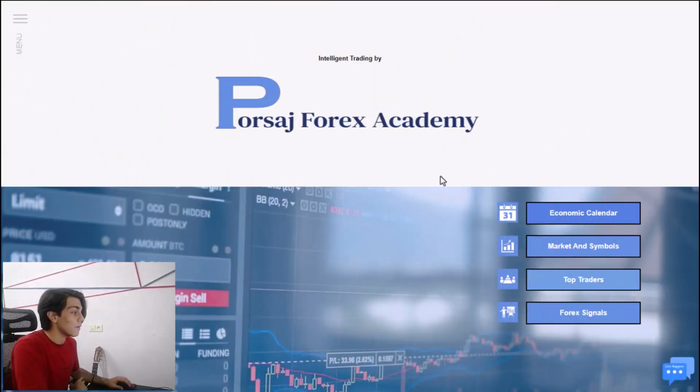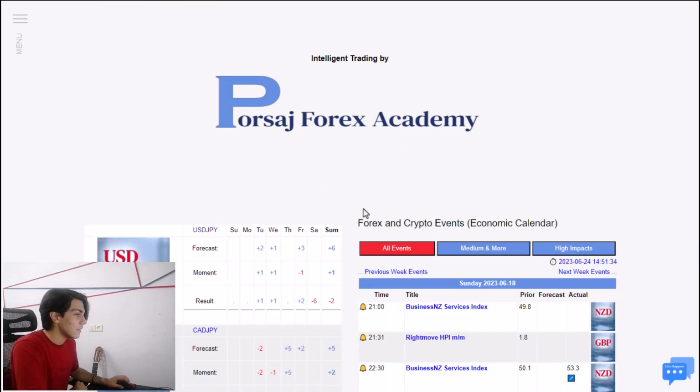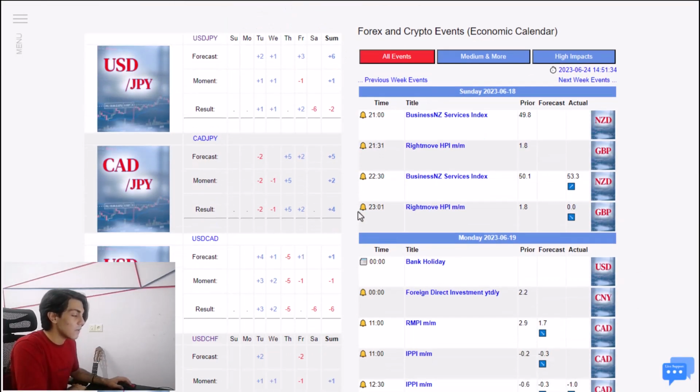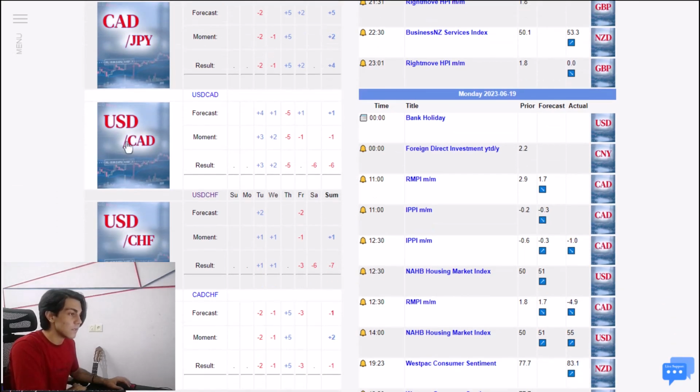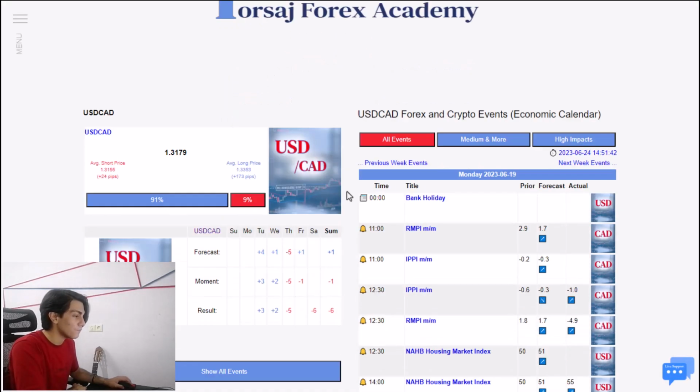Okay, now that we're on our site, let's head to the calendar and visit some of the commodities and currencies that we checked today. For example, the USDCAD, the last one.